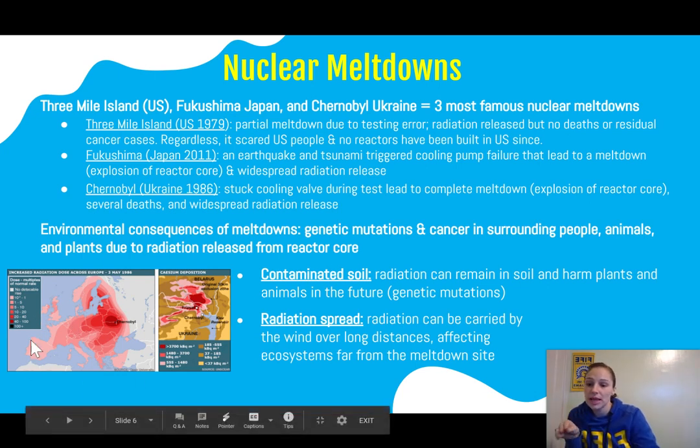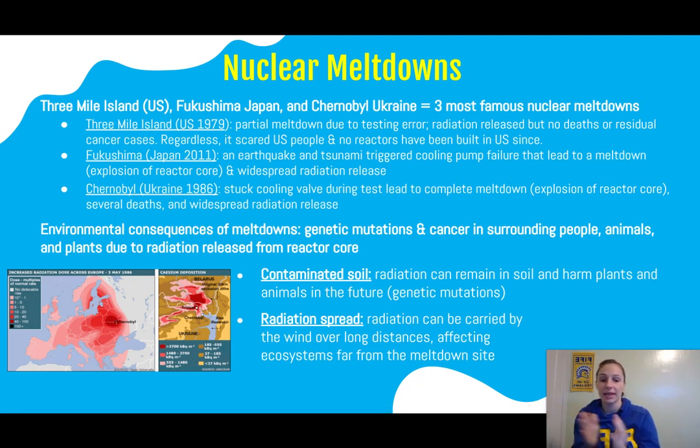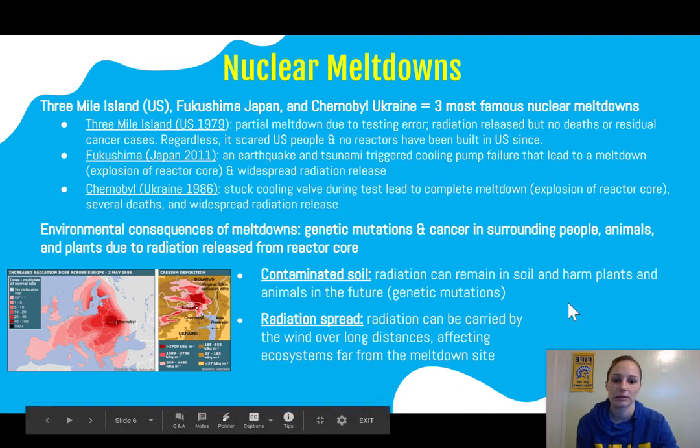So even those like hundreds of miles from Chernobyl, there were people who still were having slightly elevated radiation levels, which is obviously scary that it can spread that far. So we're not just talking about, we'll put it in an isolated area, and if something goes wrong, we're fine, because it can spread through the wind.